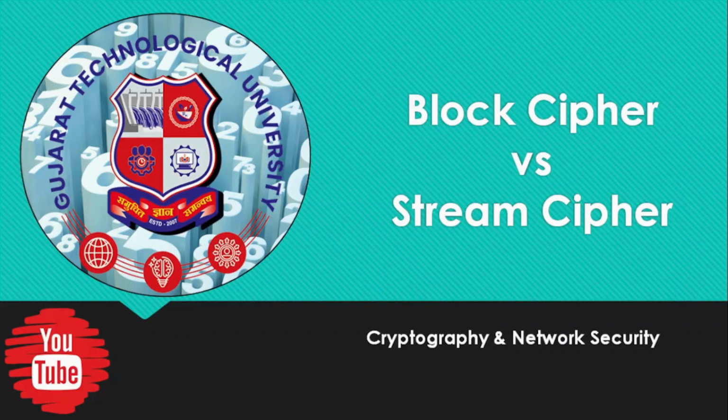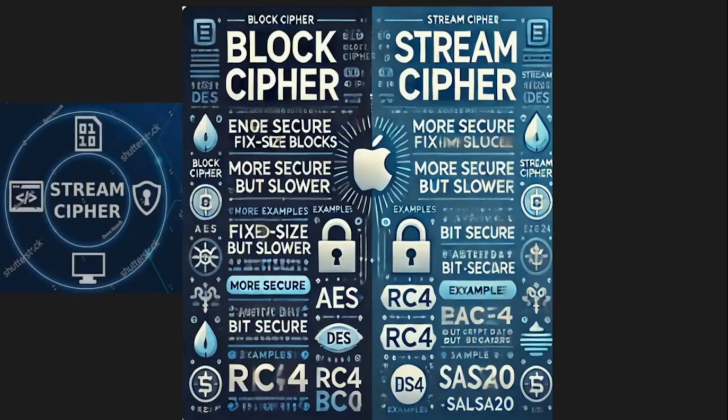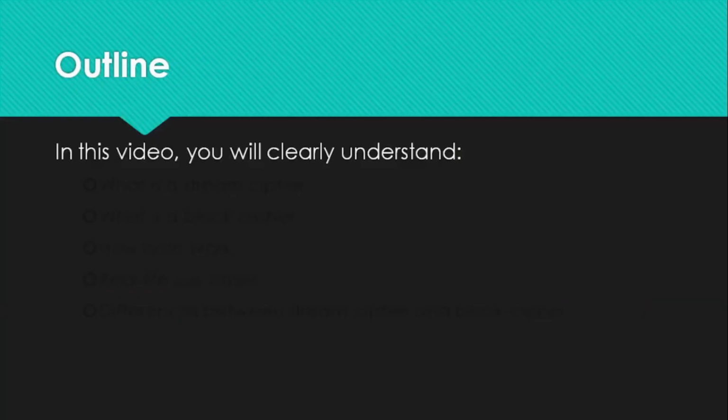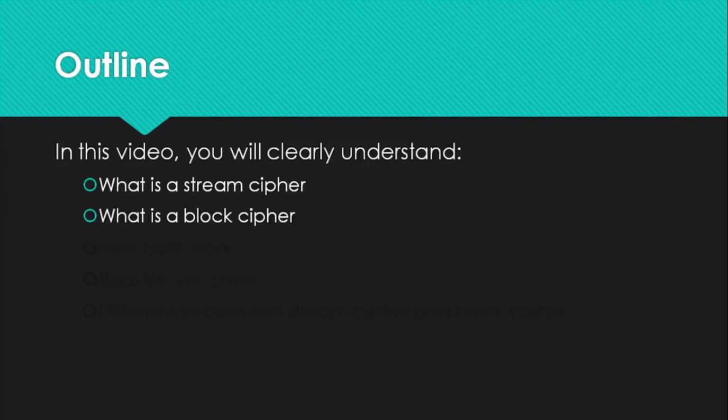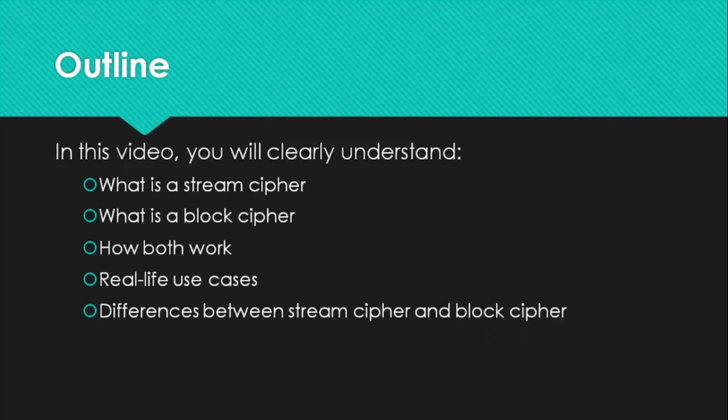Today we are going to discuss a very important topic from cryptography and network security. So our topic is stream cipher and block cipher. In this video we will understand what the stream cipher is, what a block cipher is, how both work, what are the different real life use cases of block cipher and stream cipher, and the differences between stream cipher and block cipher.